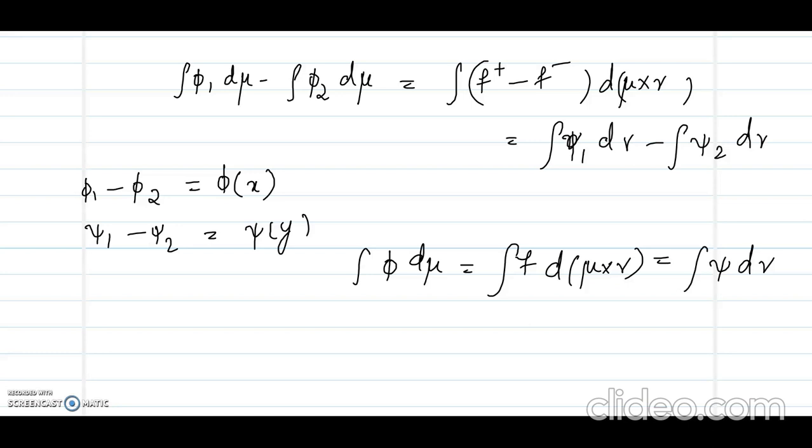Now we will look at few problems related to the Fubini theorem. Going into the problems, we will look at few results which we will use in the problems.